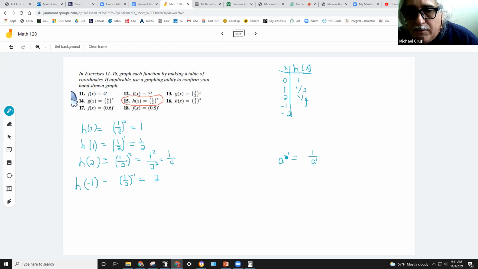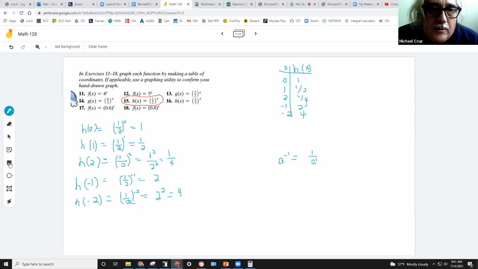The reciprocal of 1/2 is 2 over 1, or 2. And then -2 is going to do 2 things now. The negative sign is going to take the reciprocal, and then the 2 is still there to square it, so that's 4.